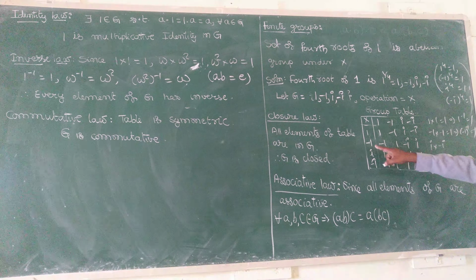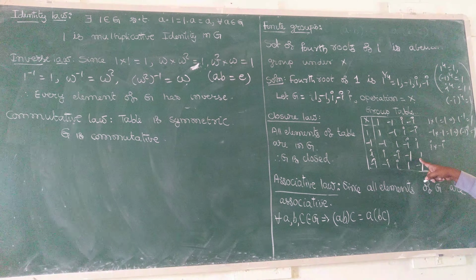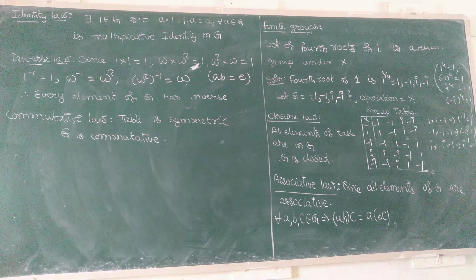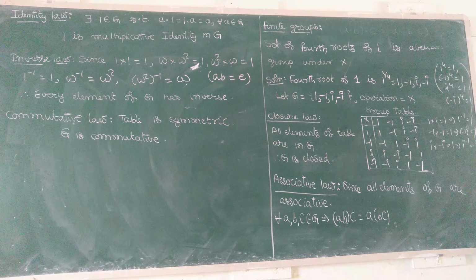Here you observe that i into minus i is 1, hence the inverse of i is minus i. Similarly, minus i into i is 1, so the inverse of minus i is i. They are mutual inverses, i and minus i. 1 and minus 1 are self inverses. The table is also symmetric, hence G is commutative. Okay? Can you do it? Do it yourself. Be fast.